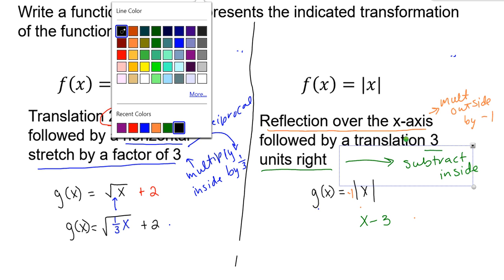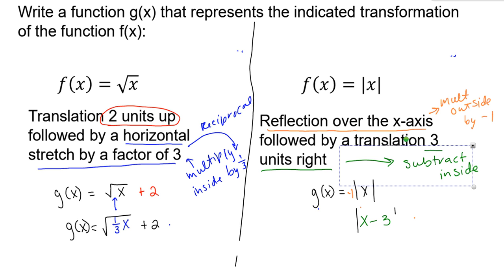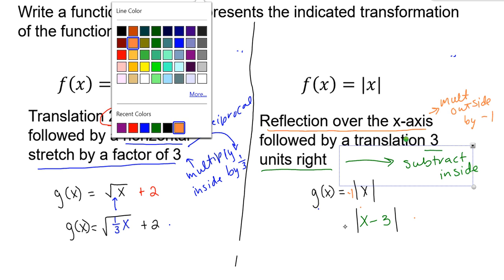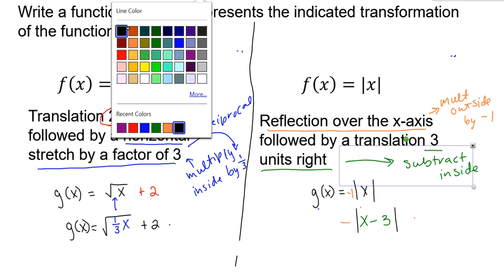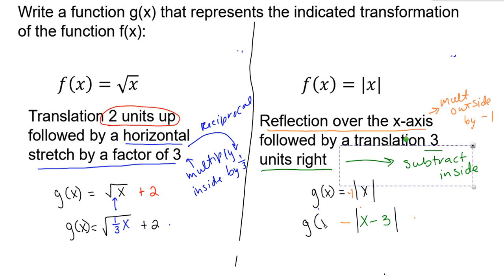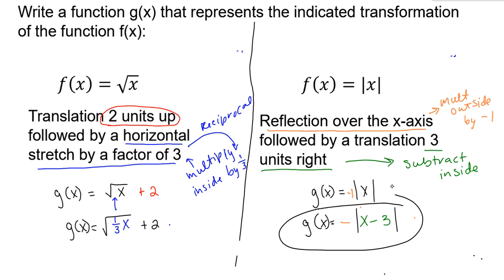Okay, let me put in the rest of those pieces. This -1 out in front, you have to leave the 1, right? Superhero, if he's not needed, he goes away. He is invisible, unless you need him. Okay, and that's it. Those are the two transformations that we're asked to apply.